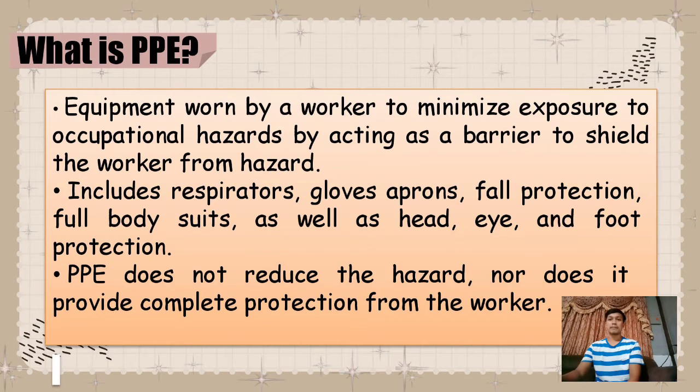So, what is PPE? According to our report, it is equipment worn by a worker to minimize exposure to occupational hazards by acting as a barrier to shield the worker from hazards. So, the PPE is something that protects a worker, such as wearing a helmet when they are in the workshop. A worker uses a helmet to avoid any falling metal that might hit their head.